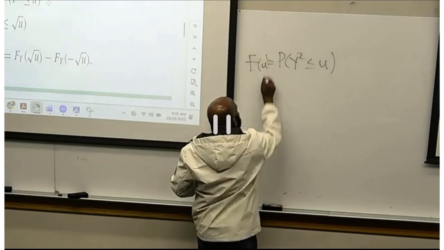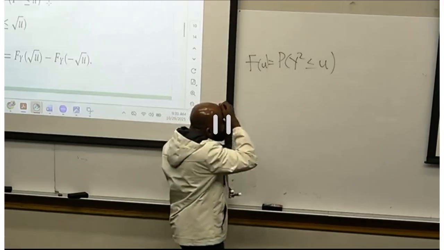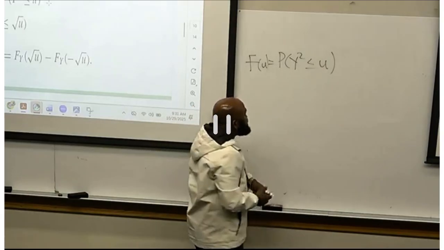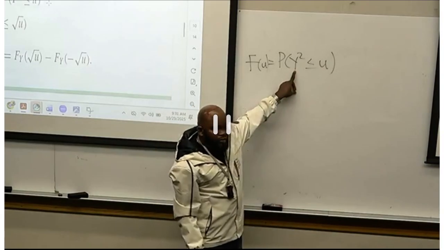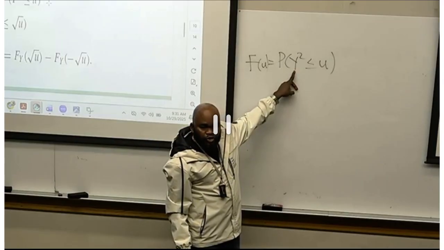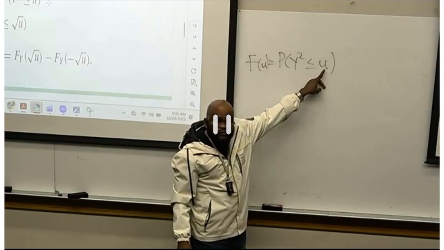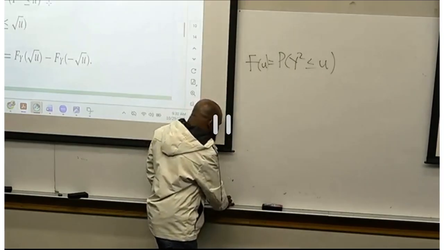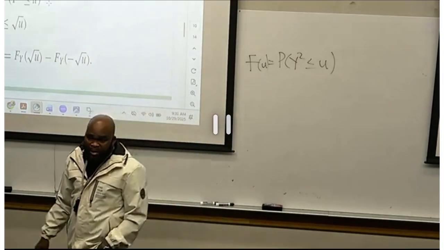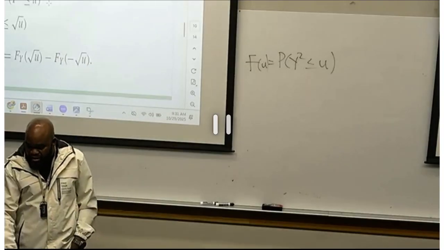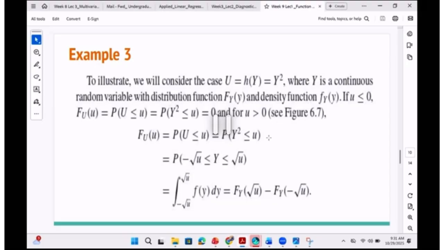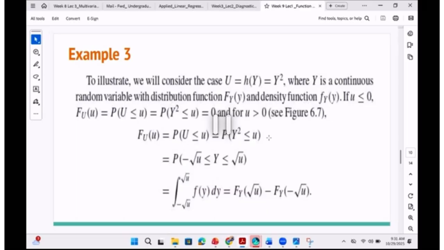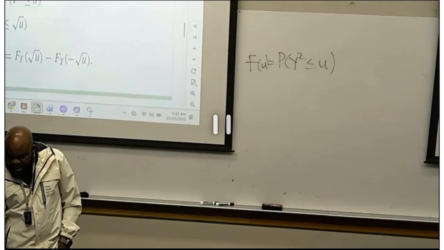That is the CDF, right? Now, the probability of y squared less or equal to u, I need to solve for y. To solve for y, this is going to have a square root, but there's going to be plus or minus. You remember? That's a quadratic. There's going to be plus or minus, and if there's a plus or minus, I can rewrite that as this.